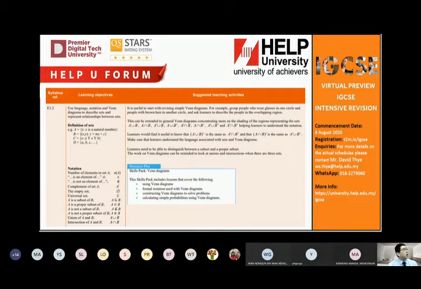For example, on the screen, for the set topic for mathematics 0580, students are required to know the notations. For example, this symbol that looks like a small letter E is an element of, this one is not an element of, the empty set, and this one is a subset or proper subset.